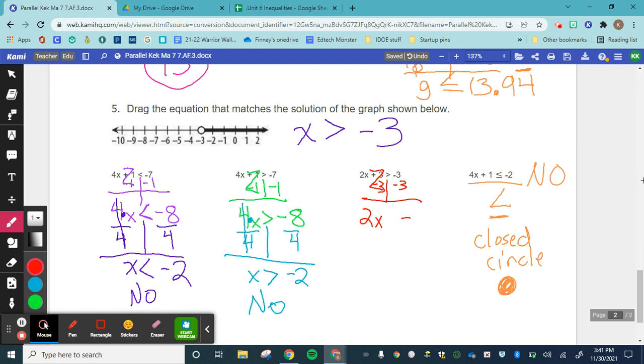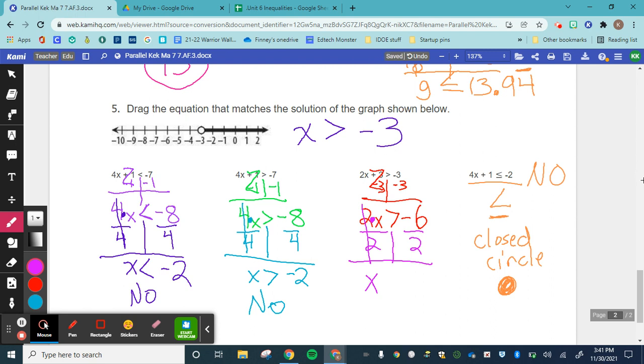Negative 3 and negative 3 is negative 6. And my inequality symbol will stay the same because I did not multiply or divide. And then my last step, because x is still not alone, that's 2 times x, so I will divide both sides by 2. 2 divided by 2 is 1, and 1x is just x.